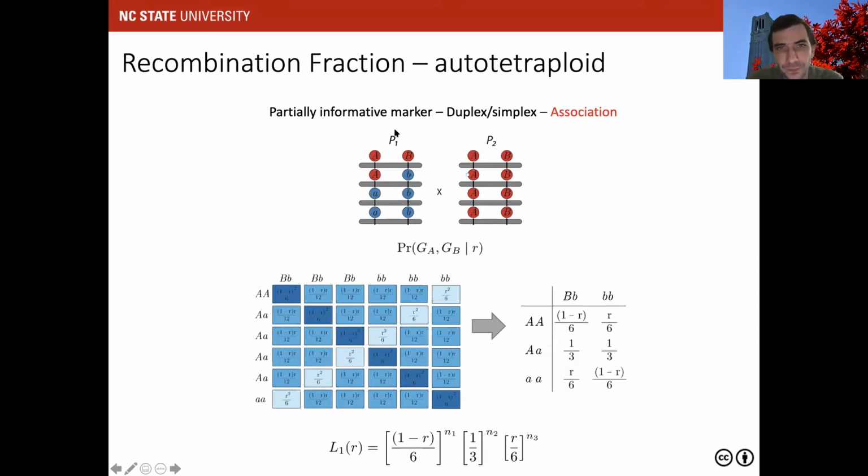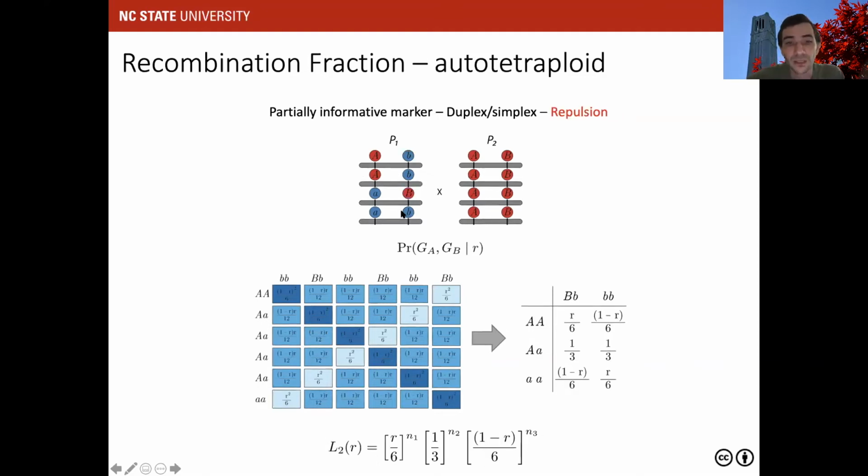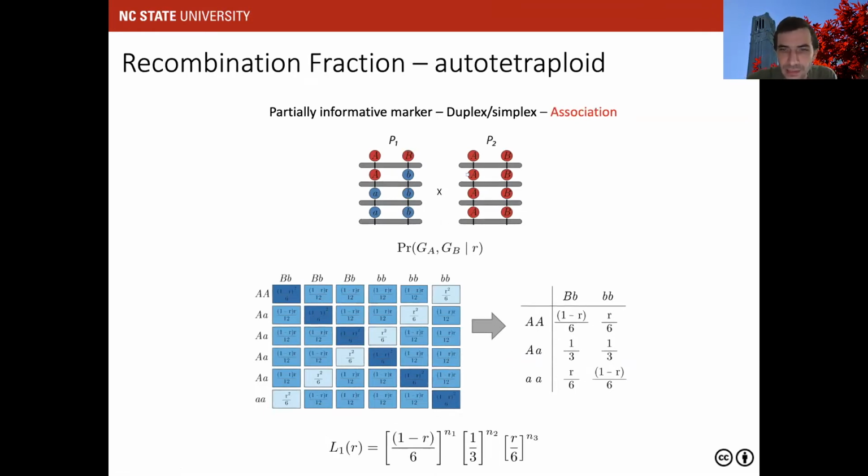But in this case, we have a duplex simplex marker in association, meaning that the 2 allelic variants here are in the same homolog. But we don't know this, right? What we know is just we have 2 doses and a single dose. But we can have the likelihood function for the second case as well. And as you can see here, this is the first case.